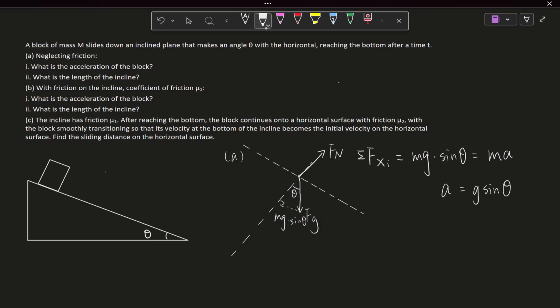That is your answer. The second part is to find the length of the incline. Also, I need to state that the block is originally at rest.